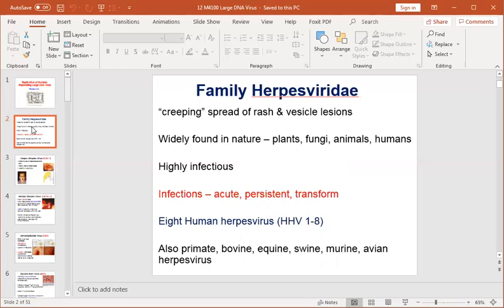The Herpesviridae family of viruses are highly infectious. These highly infectious viruses have different patterns of infection. The patterns of infection include acute, persistent, and transform.